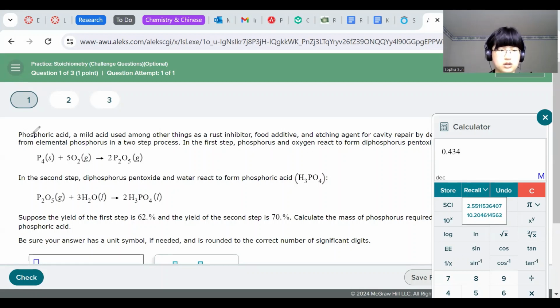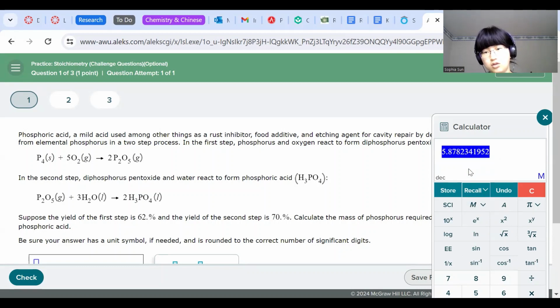Well, what you're going to do actually is you take the amount of phosphorus you theoretically need, and you're going to divide it by your percent yield. And this in turn will give you the amount of phosphorus you actually need.